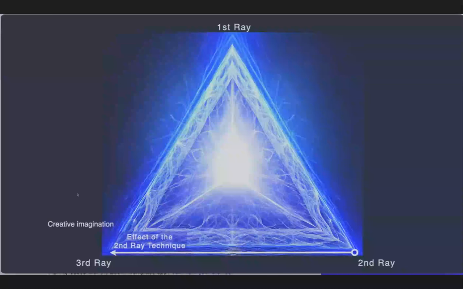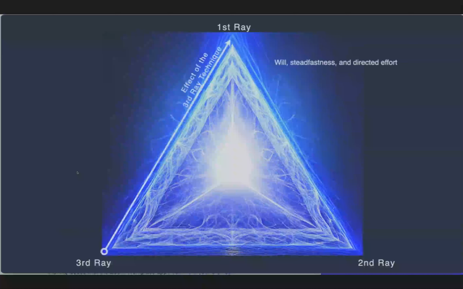Those who use the second ray technique of fusion produce third ray effects, of which the use of one's active intelligence in order to stimulate the creative imagination is the outstanding characteristic. And again, it is these third ray qualities that are the most difficult for second ray types to incorporate. To finish the triangle, the third ray disciple, using the power to inspire, adds to his or her innate qualities certain definite first ray potencies.